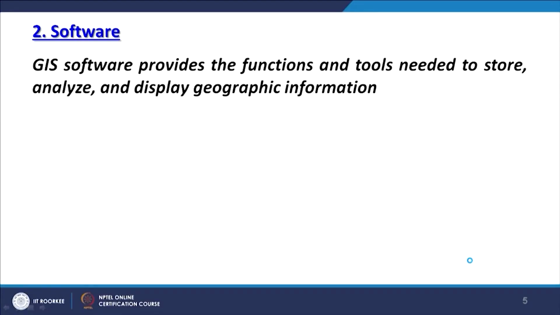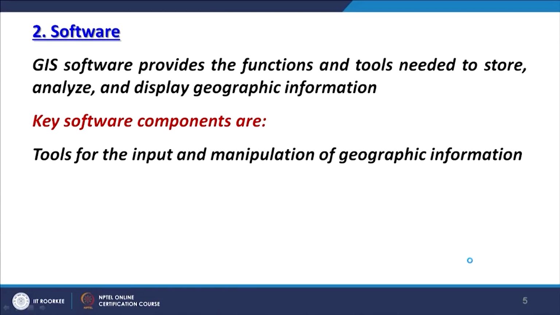So, the software is very much part of GIS, and GIS software provides the functions and tools which are required to organize the data, store the data efficiently, and of course analyze, model and display that data or that geographic information as per user defined specification. So, software is equally important as your hardware.